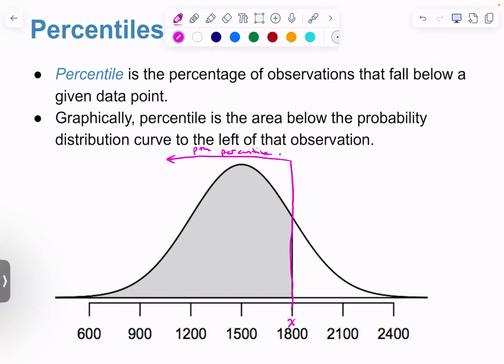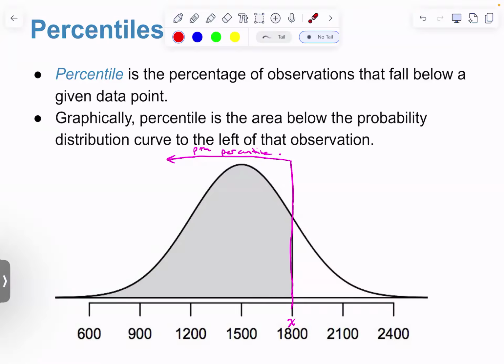Instead of percentiles, we'll start calling them probabilities, right? But they are percentiles as well. So just remember that the percentile is always below the observation, right? If you scored in the 90th percentile, what does that mean? It means that 90% of people scored below you and 10% scored above you, right?